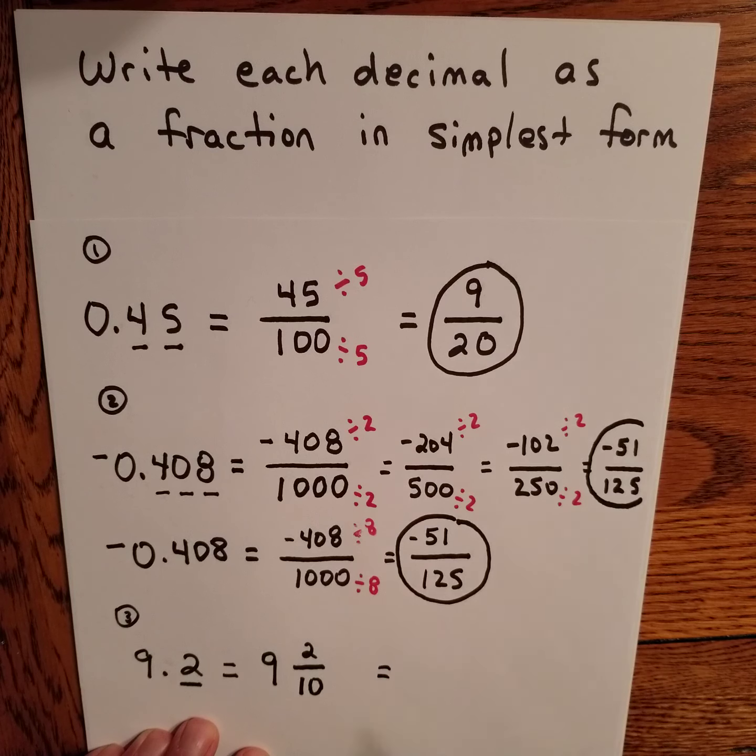Now try to reduce. 2 is divisible by 2. 10 is divisible by 2. 2 divided by 2 is 1. 10 divided by 2 is 5. 9.2 is the same as 9 1/5.